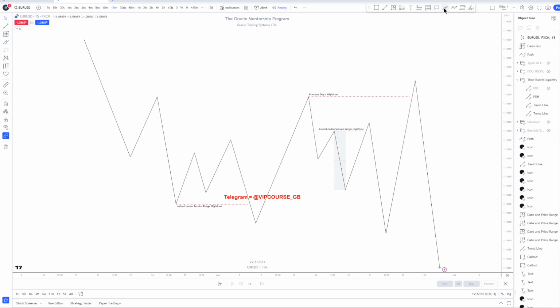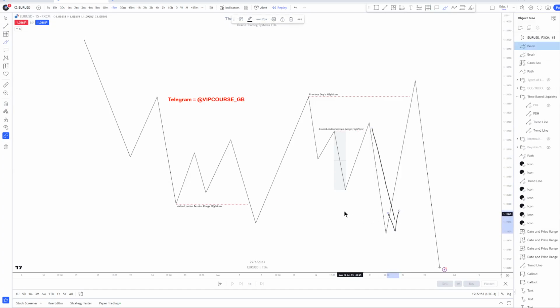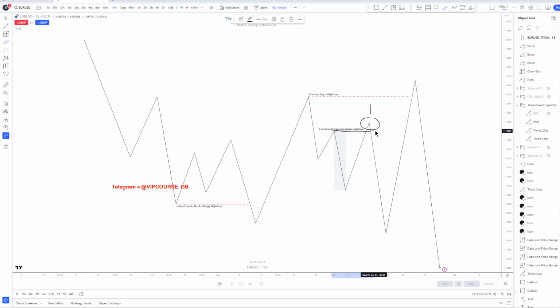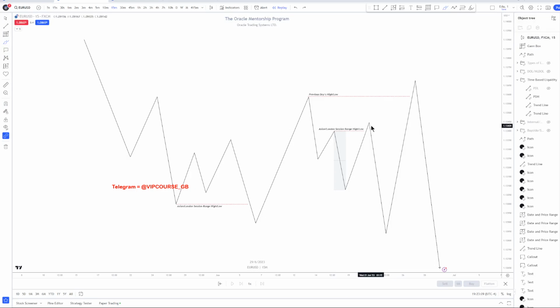So we can expect a manipulation outside of this range to push us in the opposite direction. So an external range liquidity manipulating, institutions manipulate price above this level and hit stop losses, and then push price in the intended direction.